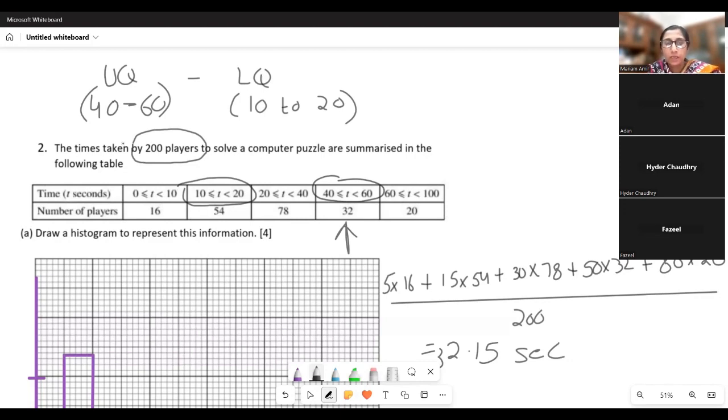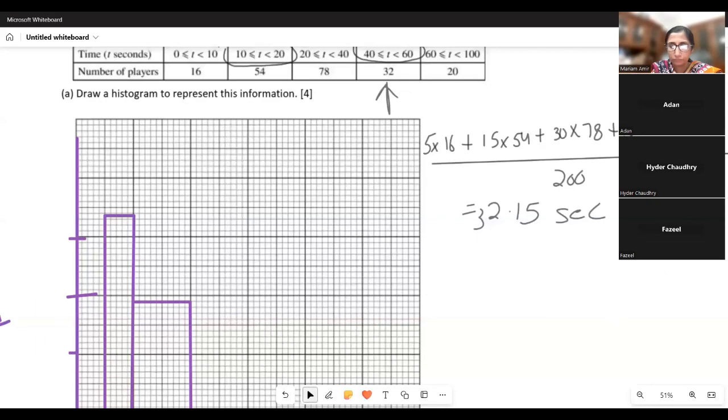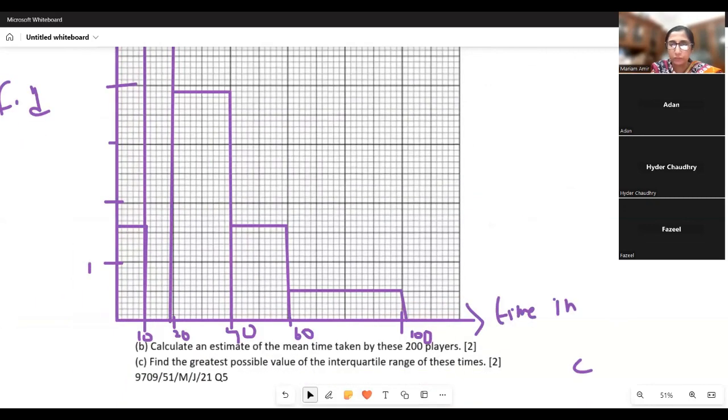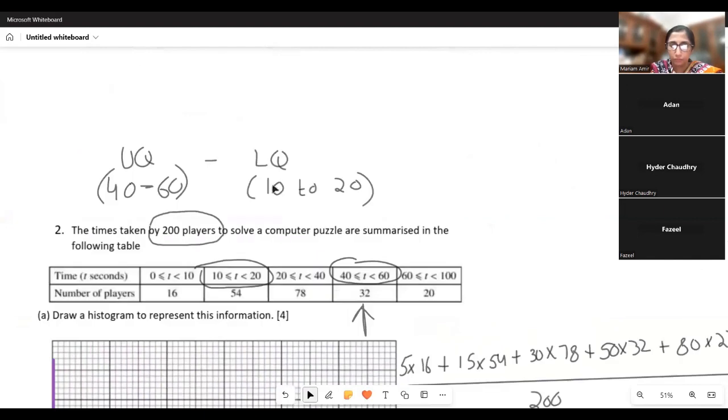ओके, तो अब इनका क्या डिफरेंस लें ताकि हमारे पास मैक्सिमम डिफरेंस आए? दैट वाज द क्वेश्चन। फाइंड द बिगेस्ट इंटरक्वार्टाइल रेंज, फाइंड द ग्रेटेस्ट पॉसिबल इंटरक्वार्टाइल रेंज। ओके, सो ग्रेटेस्ट पॉसिबल डिस्टेंस फाइंड करना है तो हम अपर क्वार्टाइल में बड़ी वैल्यू ले लेते हैं 60 और लोअर क्वार्टाइल की छोटी वैल्यू ले लेते हैं 10। सो जब हम 60 और 10 को सब्ट्रैक्ट करेंगे तो वी गेट द बिगेस्ट आंसर 50। So the highest possible value of the interquartile range will be 60 minus 10, which is 50.